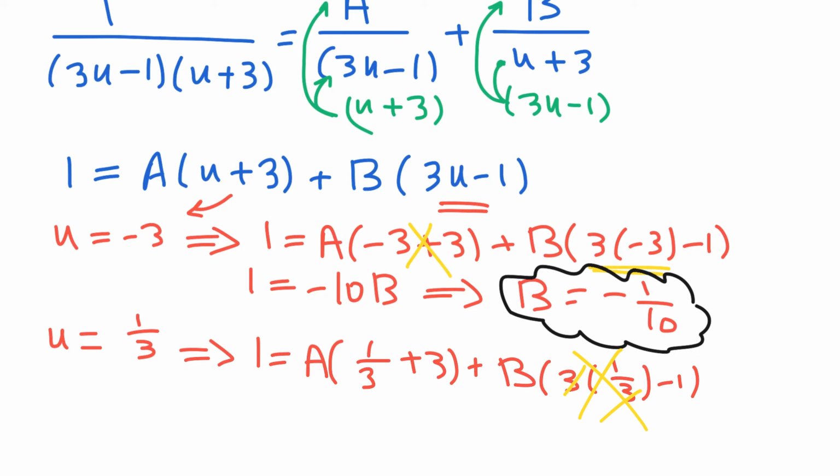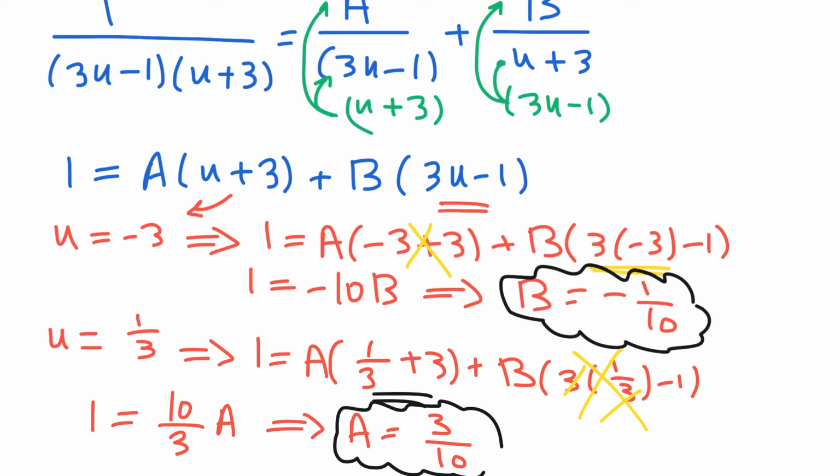So now 1 equals 1 over 3 plus 3, which is 9 over 3, 9 plus 1 will be 10 over 3 A. That means the value of A equals 3 out of 10.